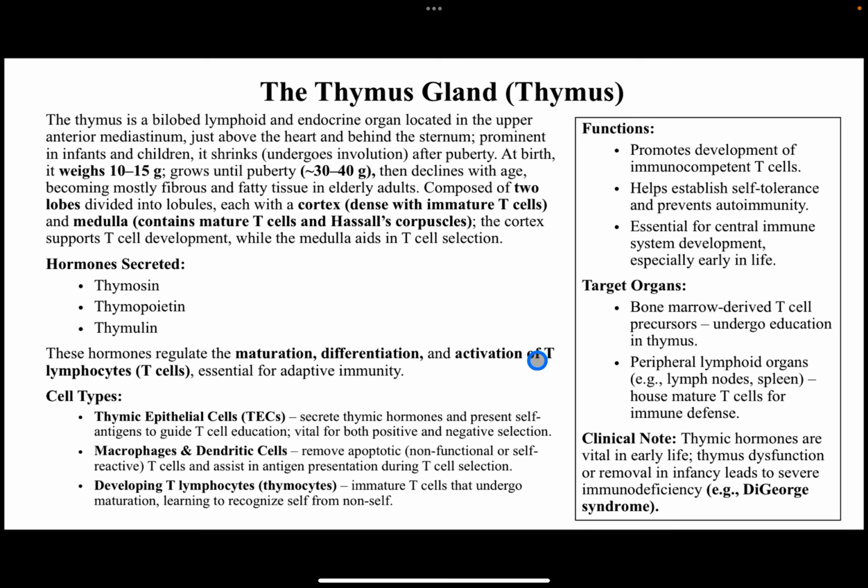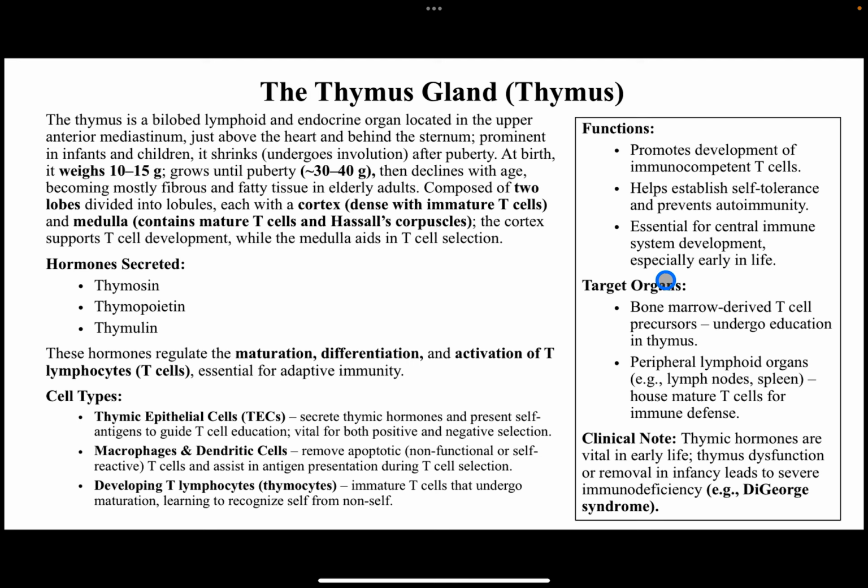Is that okay? So if you have a problem with the thymus gland and the hormones that it produces, what is going to happen is there can be autoimmunity, a situation whereby your own immune system can start attacking certain cells or tissues in your body. Okay, apart from that, it is also essential for central immune system development, especially in early life.